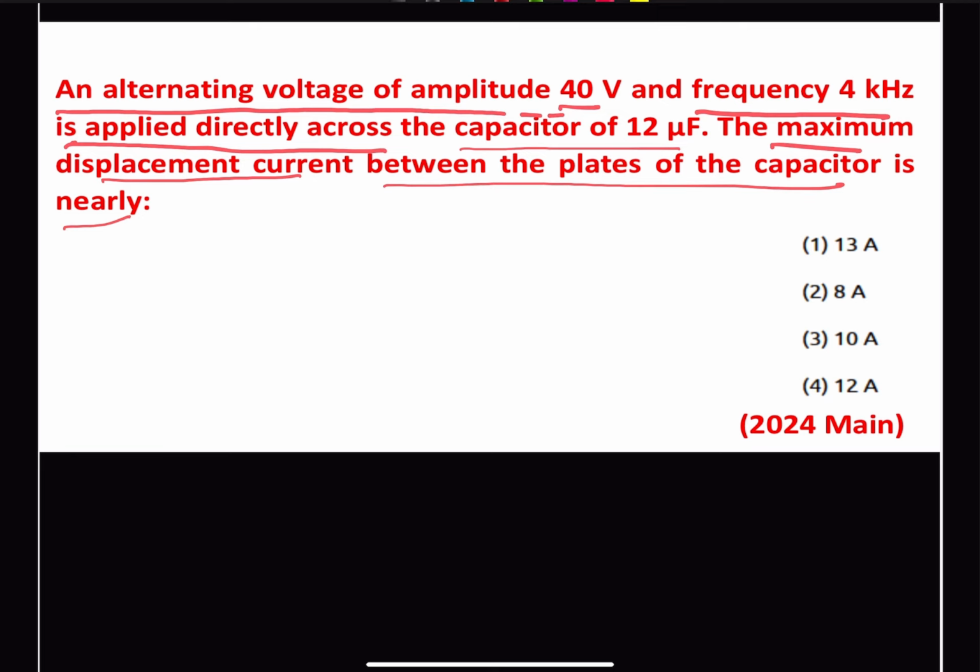So this is directly based on the formula. We know that the maximum current, or we can say displacement current, that is I max, will be equal to omega C times V naught, or we can also write it as 2 pi f C times V naught.